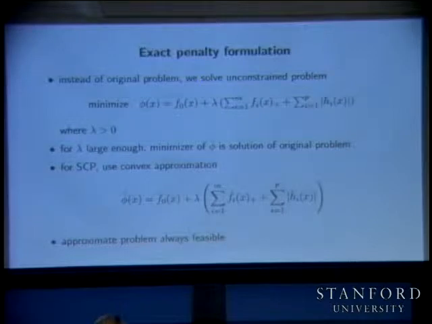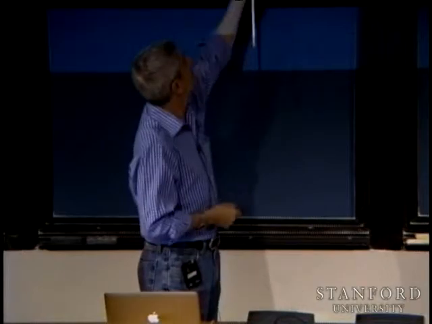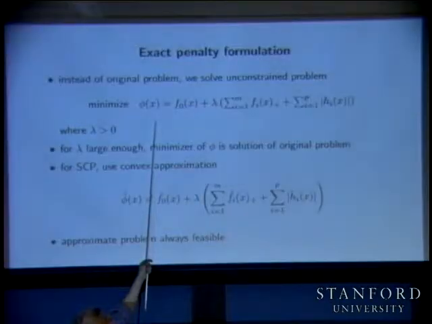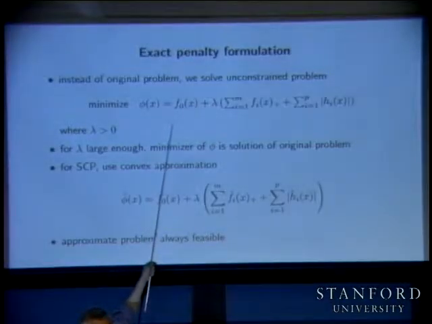But here's the cool part. For some penalties, the following occurs. For lambda bigger than some lambda critical, some finite critical value, the minimum of this thing is exactly the solution of the problem. It's not close. It's not like, if I charge you $50 per violation unit, you get close, and then $80, you get closer, but you're still violating a little bit.